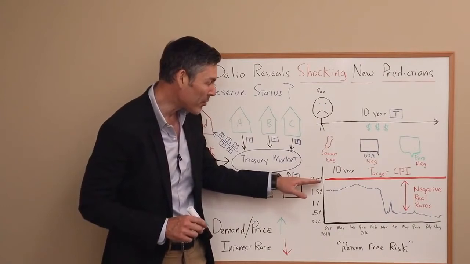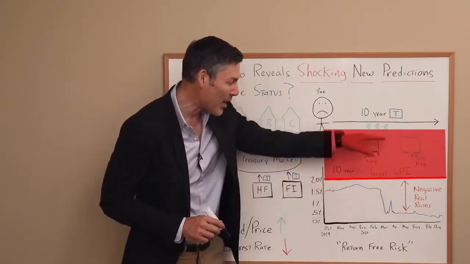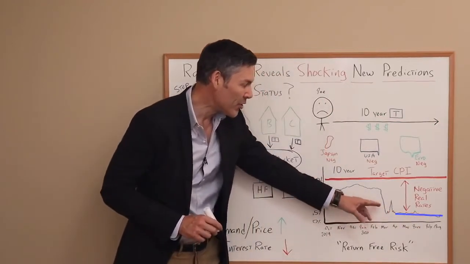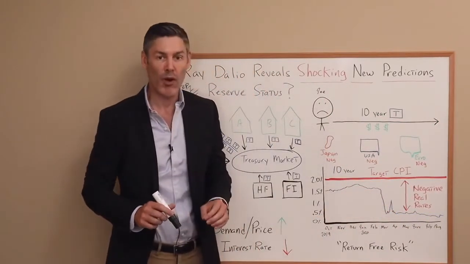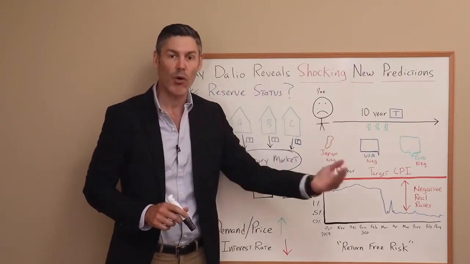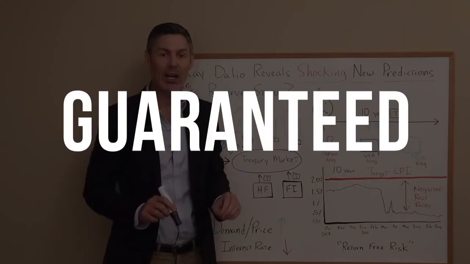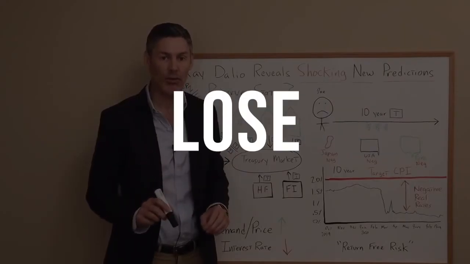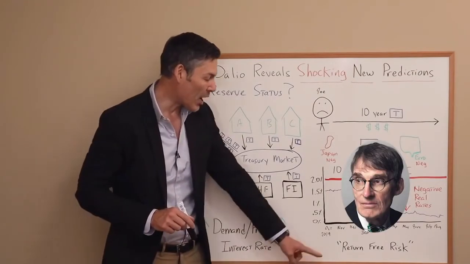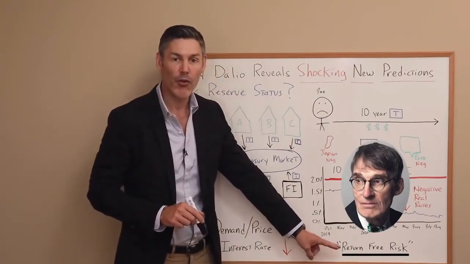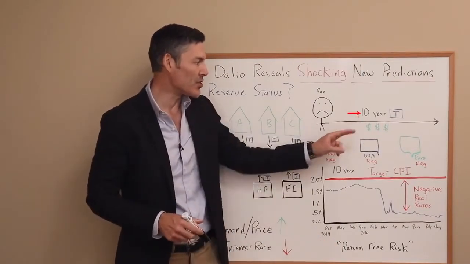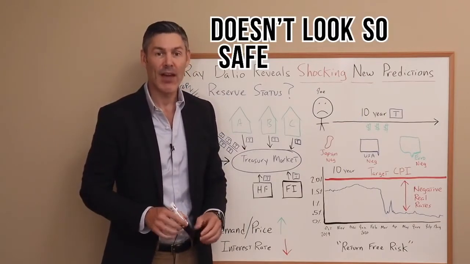So if you've got the bar set at 2% or higher, and the interest rates are at 0.5%, you have a negative real rate. In other words, if the average Joe buys that 10-year Treasury and holds it to maturity, they are guaranteed to lose money. Or as one of my favorites, Jim Grant, says, you've got return-free risk. So the historic safe haven asset, the 10-year Treasury, doesn't look so safe anymore.